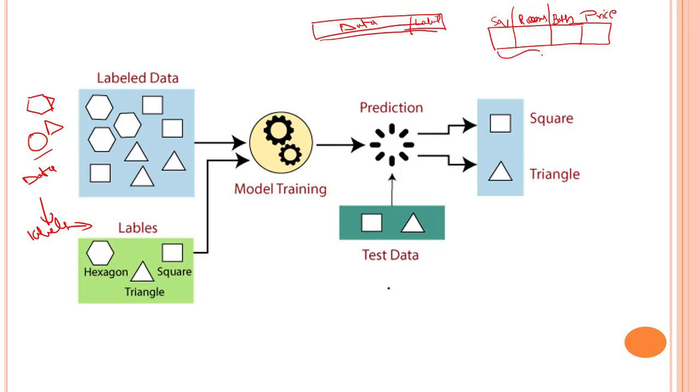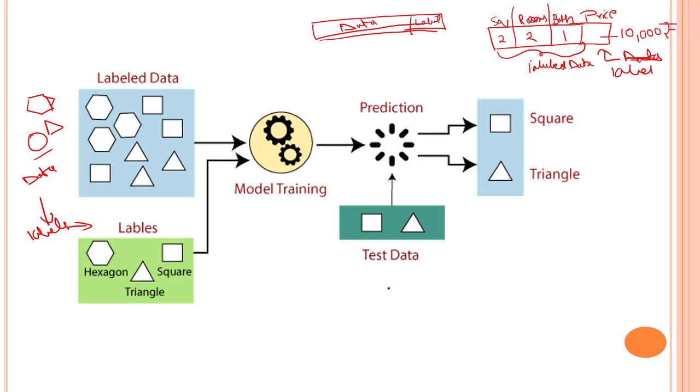All of these are the data, and this is the label. So let's say it says 2 square feet room, and we have somewhere 2 rooms or 1 room and a single bathroom. The price of it will be somewhere around 10,000 rupees.